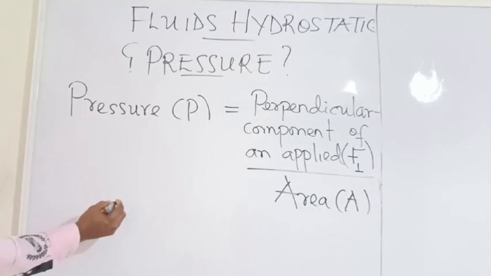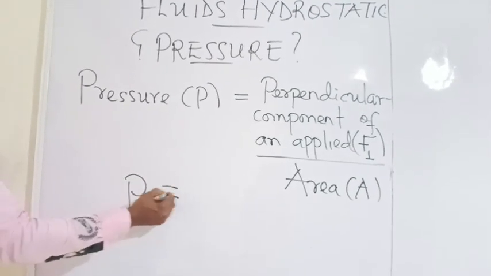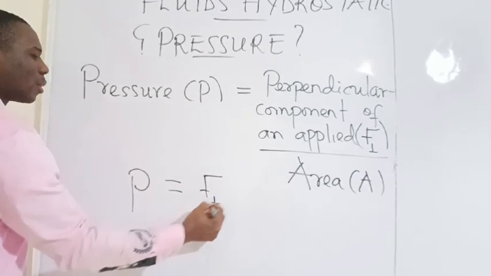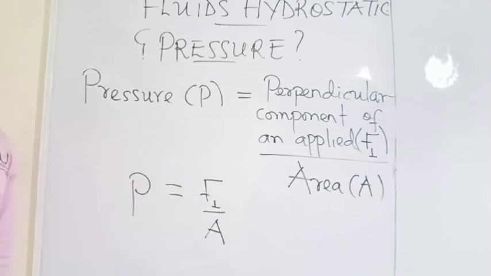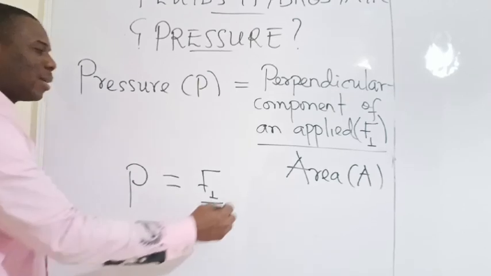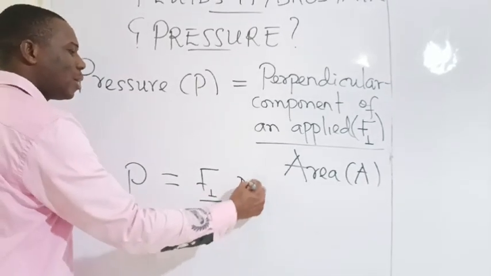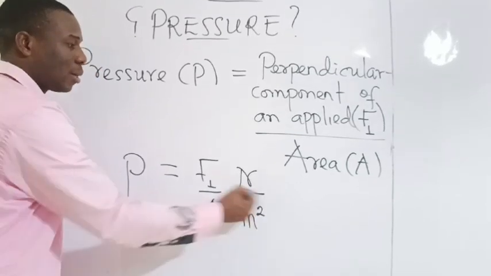So if I were to represent this mathematically, this relation, pressure is really the perpendicular component of a force over a given area on which the force is either applied or exerted. Force is expressed in SI units in Newton, and area officially also in SI is in square meter.